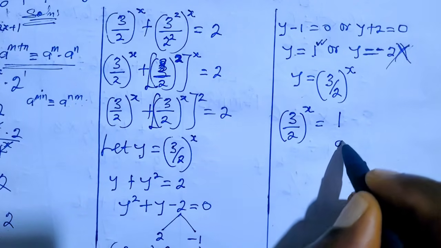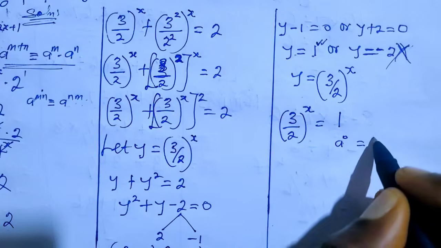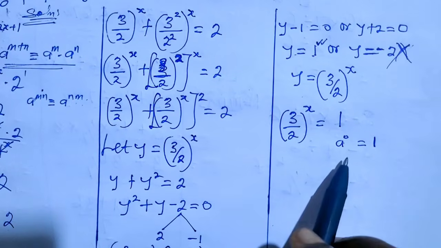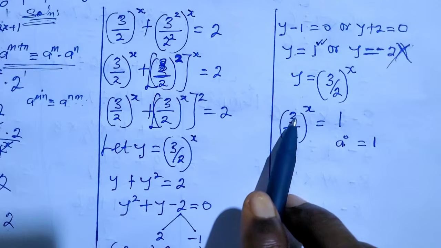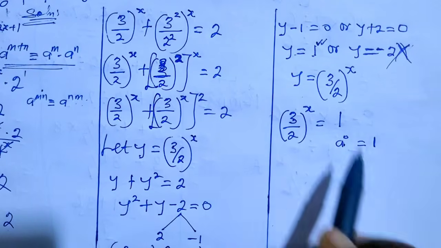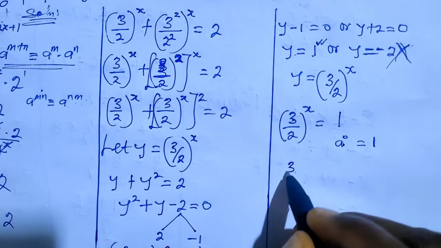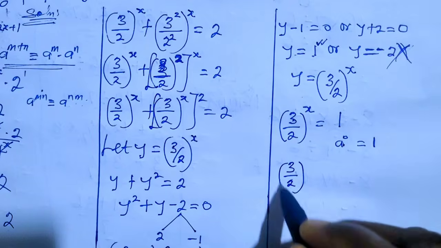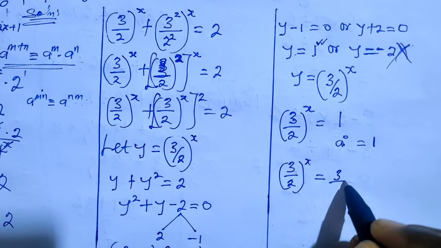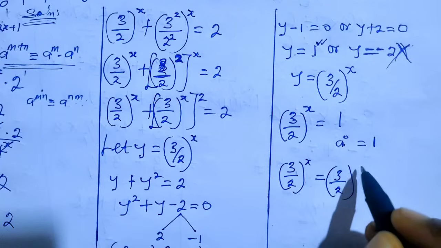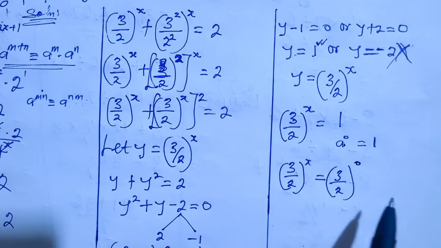Then note that if you have a to the power of 0, that equals 1. Therefore, any number raised to the power of 0 will give us 1. Therefore, I'm going to equalize this base here, and you're going to have (3/2)^x equals (3/2)^0, and that gives us 1.